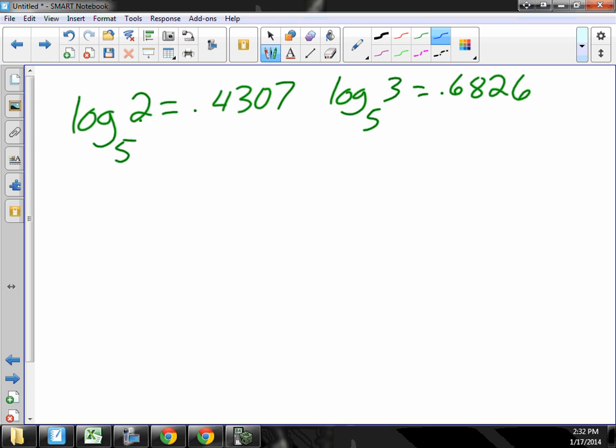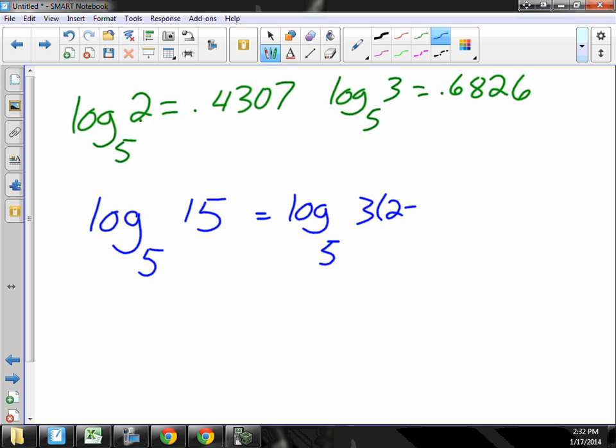So, what if we did log base 5 of 15? How could we create a 15 using a 2 and a 3? What's that? So this could be log base 5 of 3 times 2 plus 3, right?